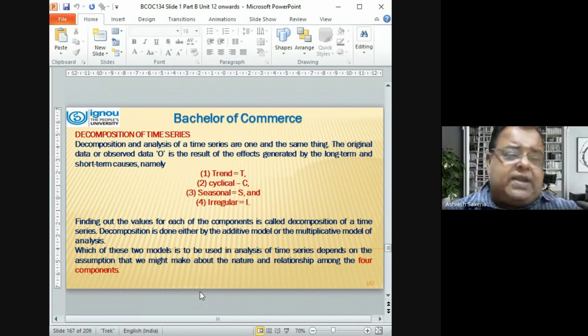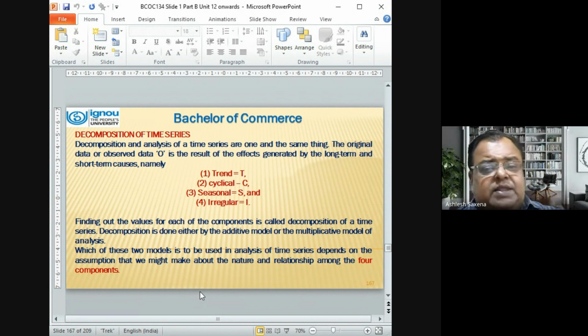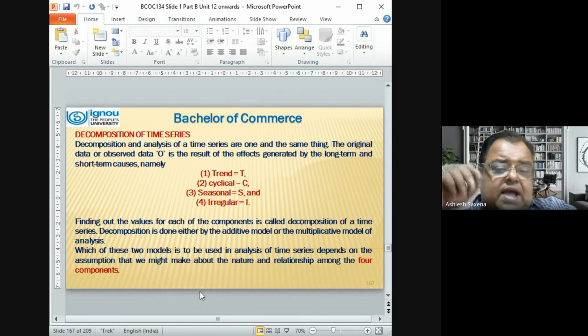The original data or observed data, that is O, is the result of the effects generated by the long term and short term, namely trend, cyclical, seasonal, and irregular. Finding out the values for each of the components is called decomposition of a time series. Decomposition is done either by the additive model or the multiplicative model of analysis.